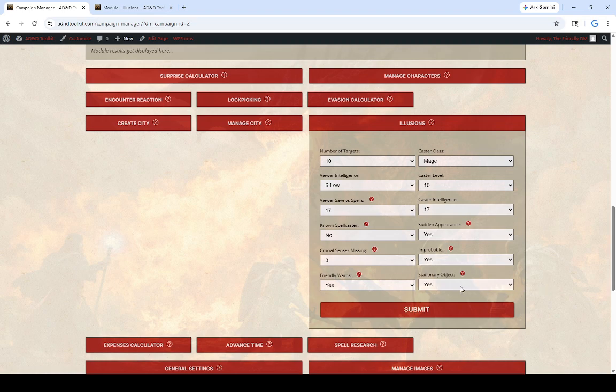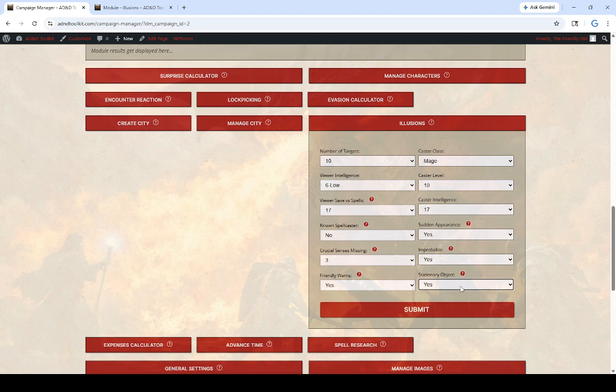And a stationary object. Stationary objects are easier for the illusionist to pass off as being real. And what that would be is, let's say my illusionist wants to hide his party. So there's an open archway in front of them between the kobolds and the party, and the illusionist wants to put up a section of wall where the archway is, so that it seems like one solid piece of wall, and that would hide, for our intents and purposes, the party behind it.